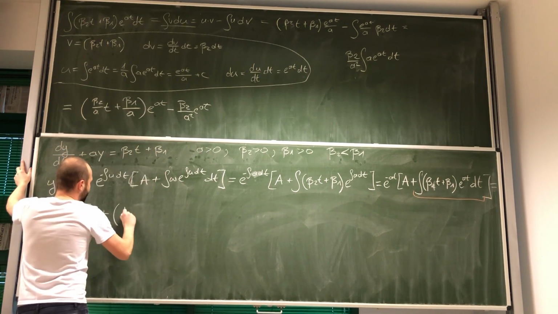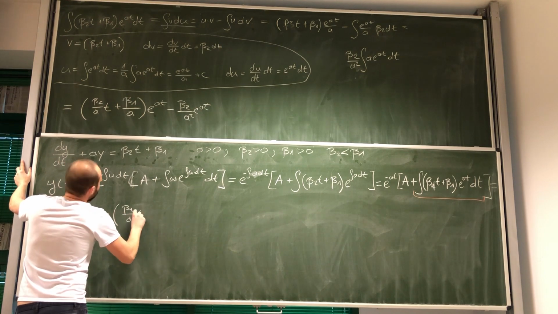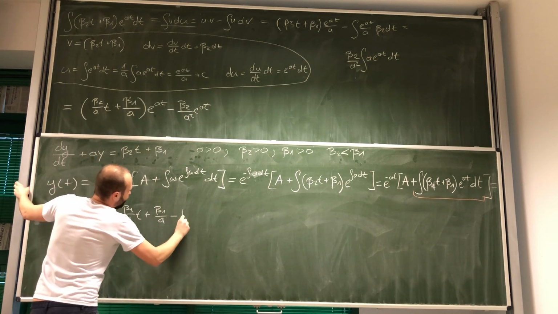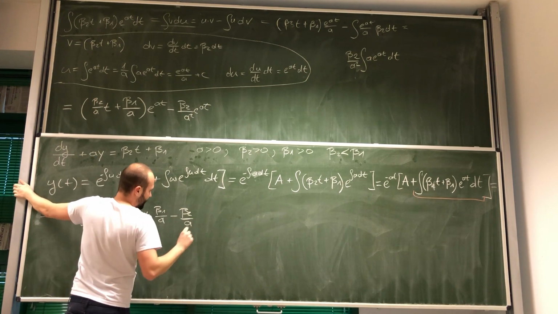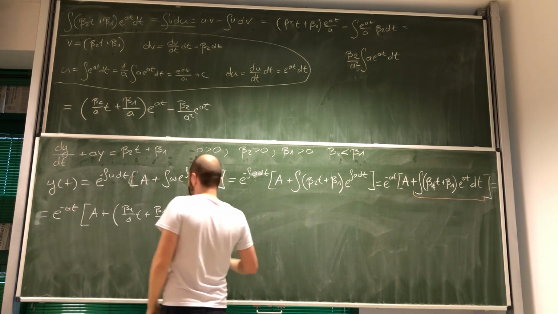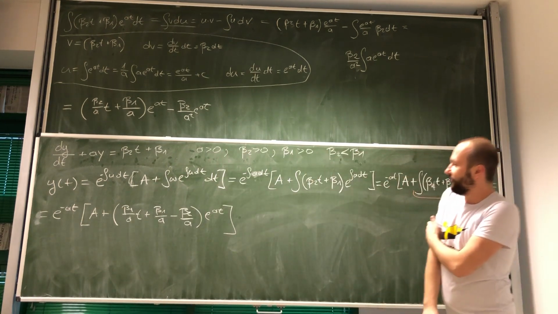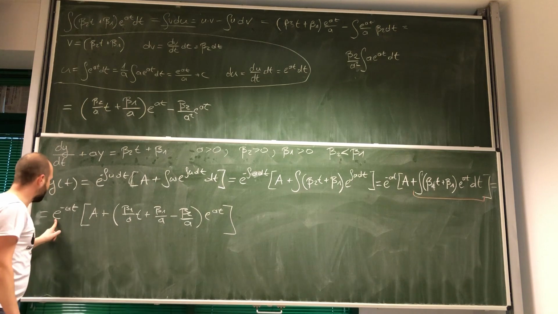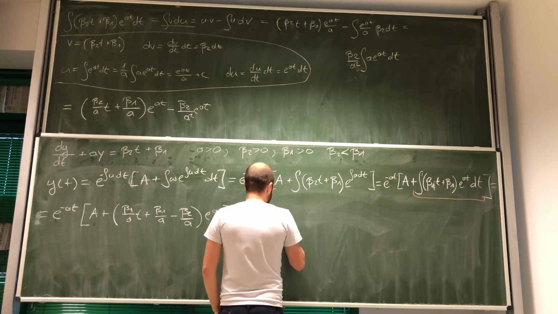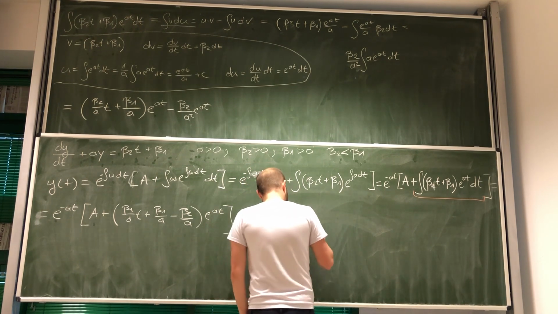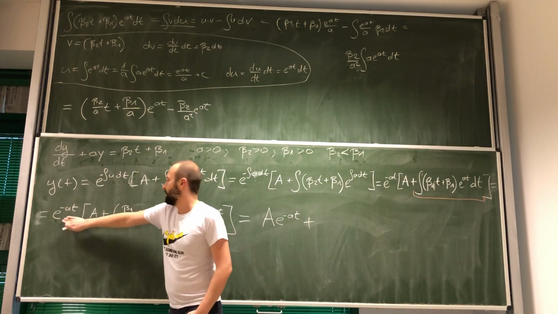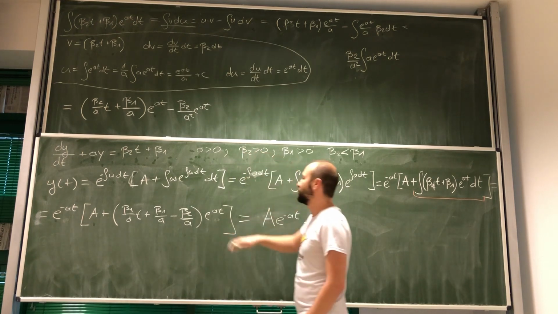So we will have beta 1 over a t plus beta 1 over a minus beta 2 over a times e to the power at, and we close brackets. Now look, if I multiply this by this, I'm going to get the complementary function, a e to the power negative at plus. And if I multiply this by this, they're going to cancel each other out to 1.